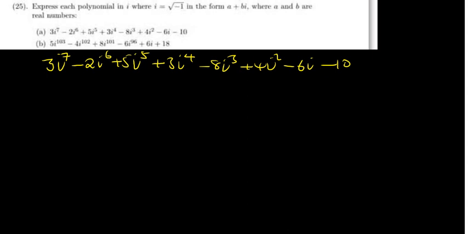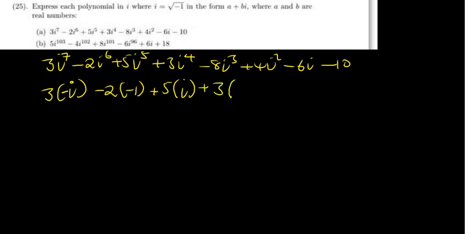We know that i to the power 7 is the same as negative i, from the trend that we've been using. And then we know that i to the power 6 is the same as negative 1. And i to the power 5 is just i. And we know that i to the power 4 is going to give us a 1.